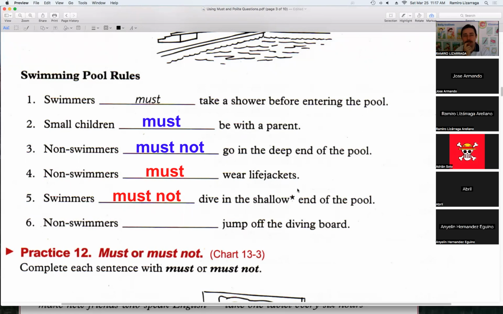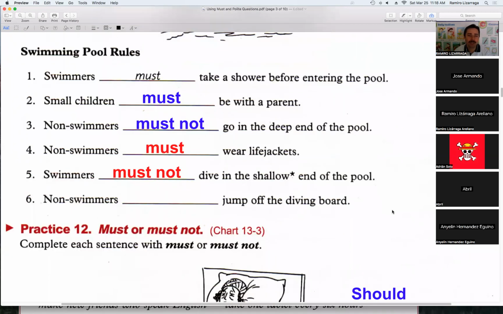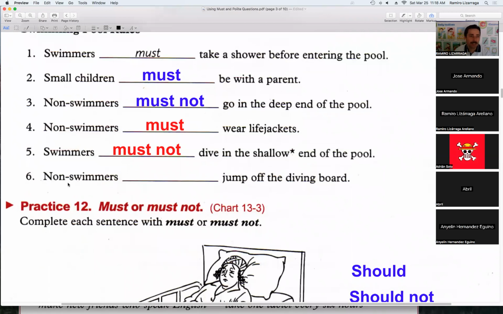Pero shallow es como la parte menos honda, más bajita. End of the pool. Yo diría the beginning, porque nuestras piscinas no están en el final de la piscina, sino en el inicio de nuestras piscinas. At the beginning of the pool. Not dive in the shallow. Bueno, pues ahí está. Must not, okay?